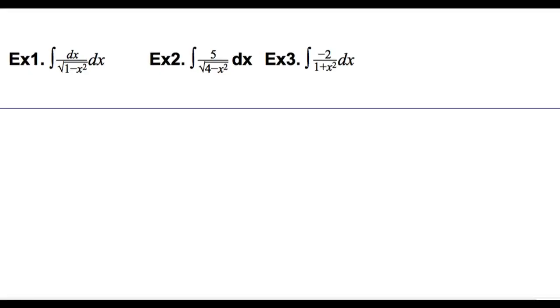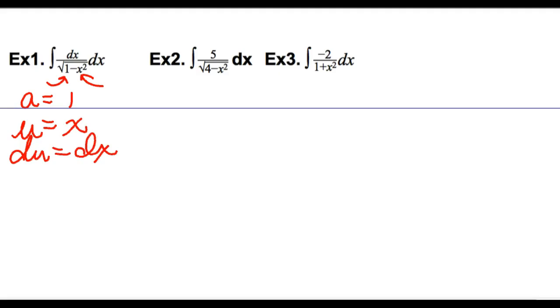Well, example 1, that's in your face, but suppose you didn't recognize it. What is a? a is whatever's being squared right here, which is 1. What is u? u is whatever's being squared right here, which is x. What's du? It's just dx. So that's in the form up above.